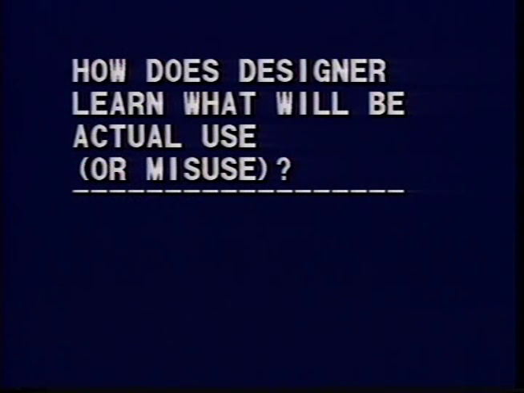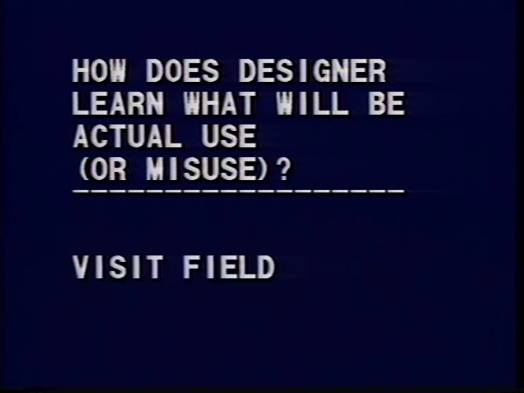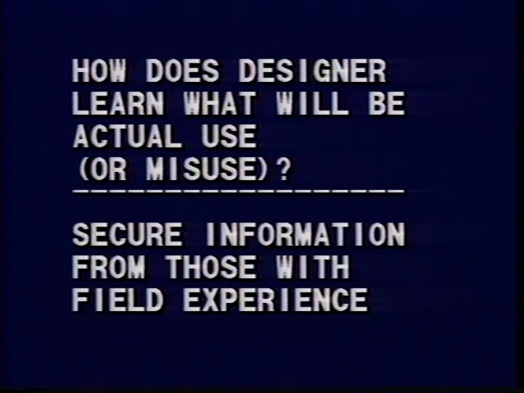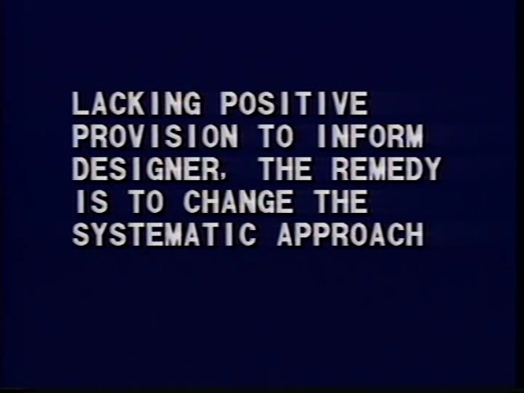How is the designer to find out? The designer can visit the field to learn about actual use, or the designer can secure inputs from people who do have field experience. However, if there's no positive provision to give the needed information to the designer, then the systematic approach is deficient and needs a remedy.